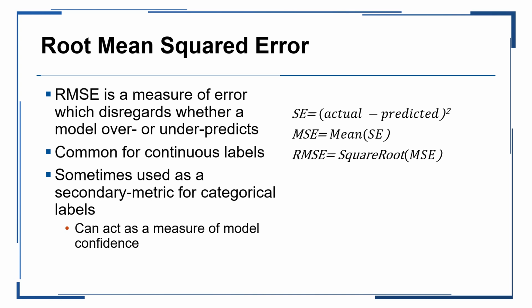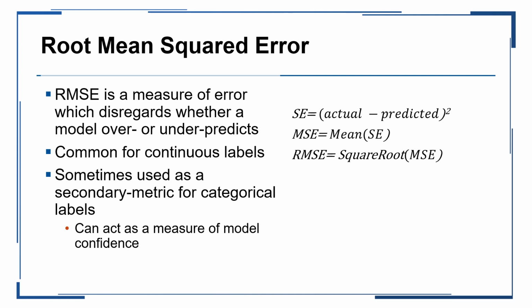In other words, it doesn't attend to whether your model is over-predicting or under-predicting the actual value, and then calculates the mean of this squared error over the entire set before applying a square root to rescale the value. This metric provides insights then into how close your model's predictions are to the actual values.